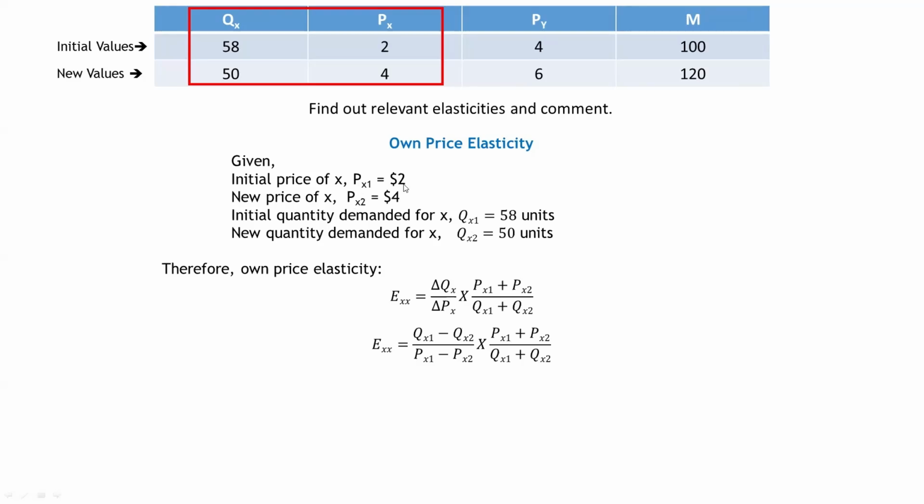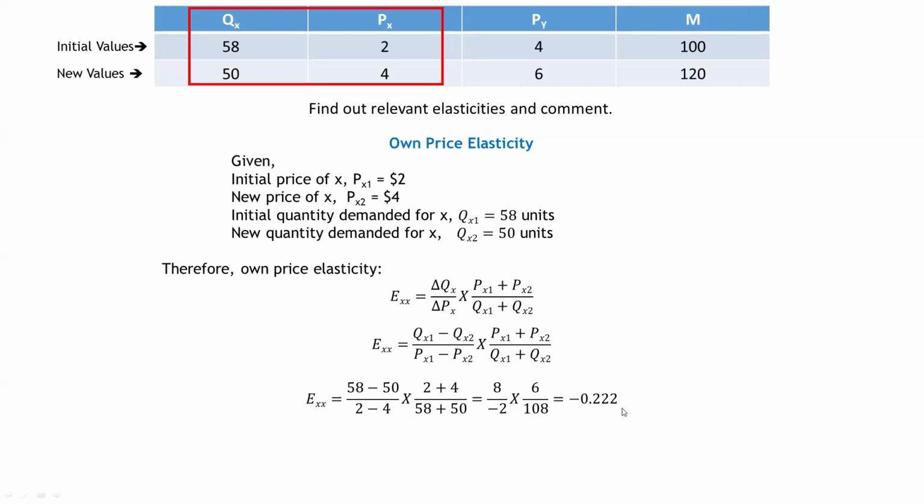Now, we have the values of Qx1, Qx2, Px1 and Px2. Substituting these values in the formula, we get Exx equals 58 minus 50 divided by 2 minus 4 into 2 plus 4 divided by 58 plus 50. After performing necessary calculations, we get Exx equals minus 0.222.